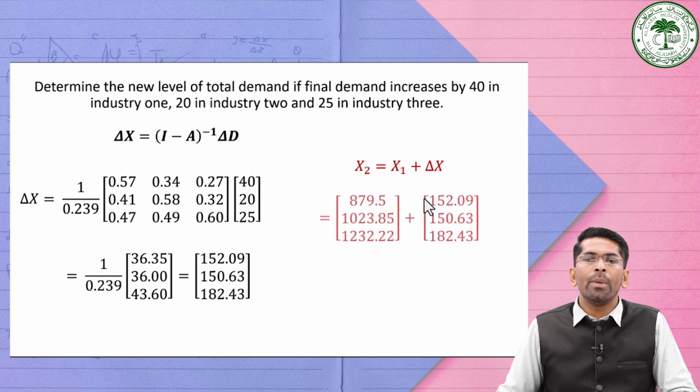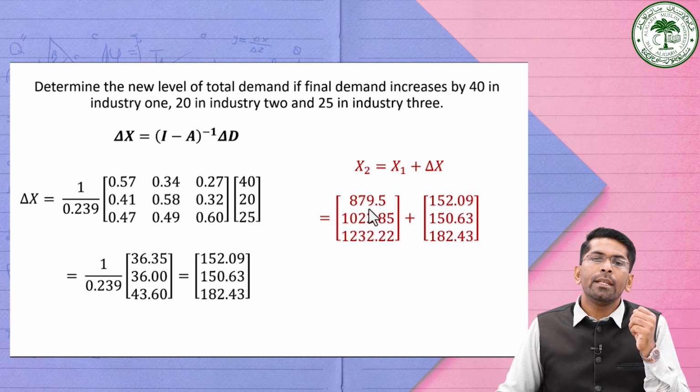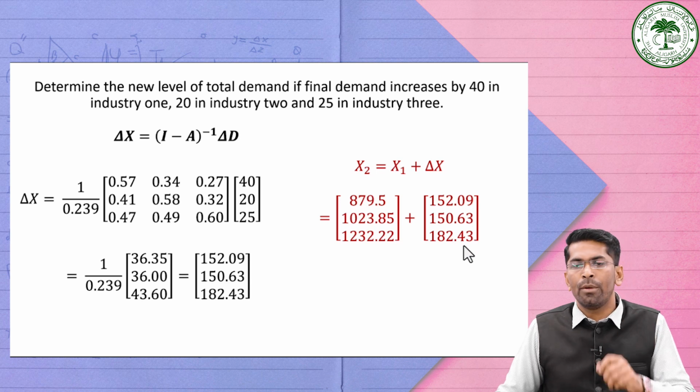Now the new output is the old output plus the changed output. The old one we already estimated in the last slide: 879.5, 1023.85, 1232.22, plus the changed output 152.09, 150.63 and 182.43.